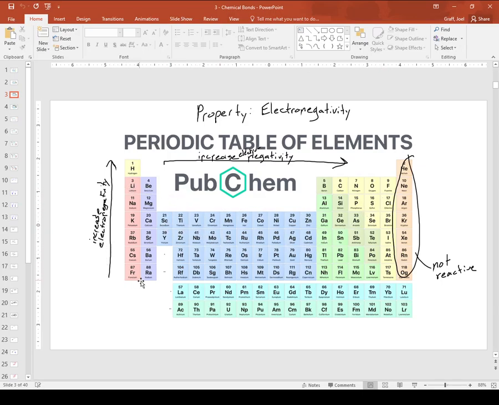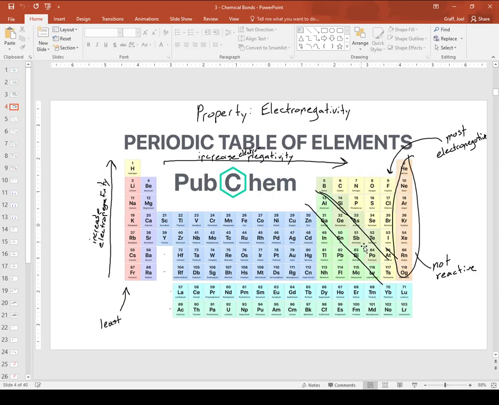And there is a trend as you go across the periodic table, whether you go up the periodic table or across the periodic table, of increasing electronegativity. Therefore, the least electronegative element that we'll consider is francium, and the most electronegative element is fluorine, because it's in the upper right but not a noble gas.